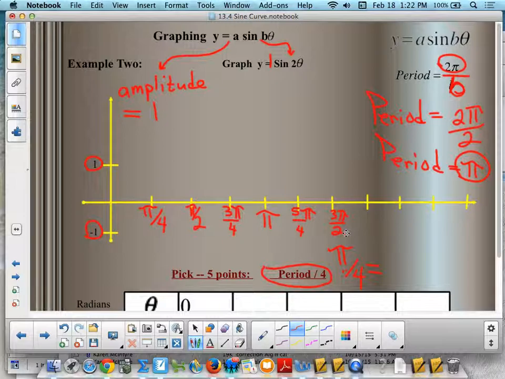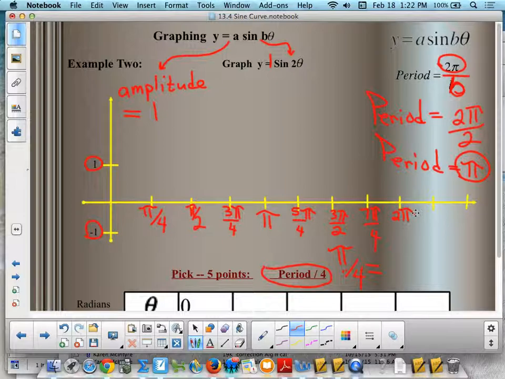Then 7/4. And then 8/4, which would be 2 pi. Now, I did that because I want 2 periods. I want 2 cycles.